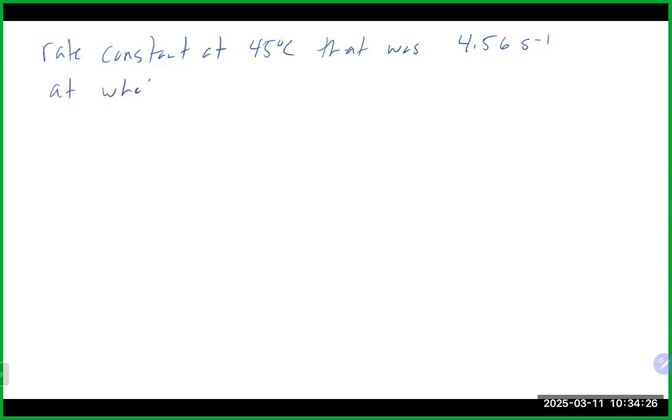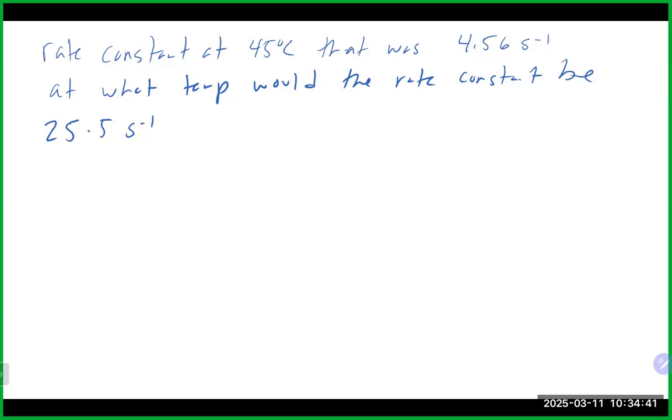At what temperature would the rate constant be, we'll go with, 25.5 reciprocal seconds, if the activation energy is, I don't know, we'll do 125 kilojoules. I think that's hopefully everything you need.